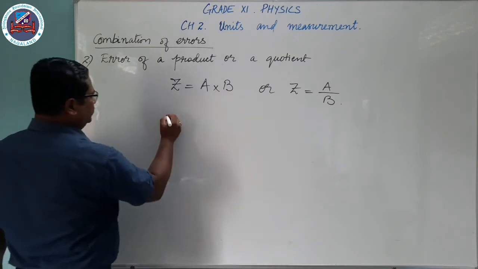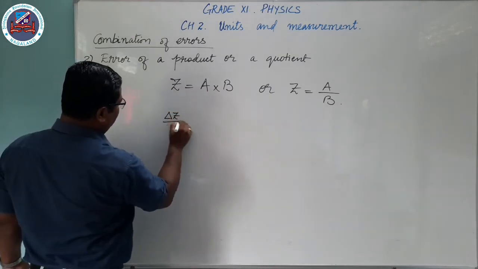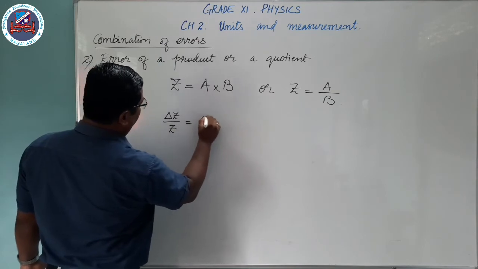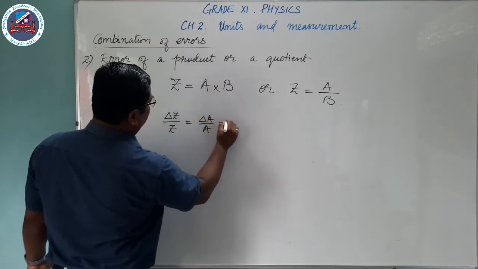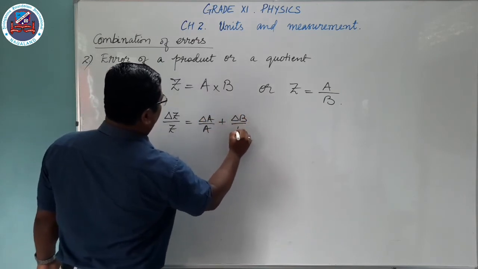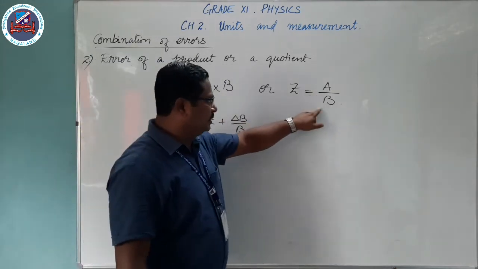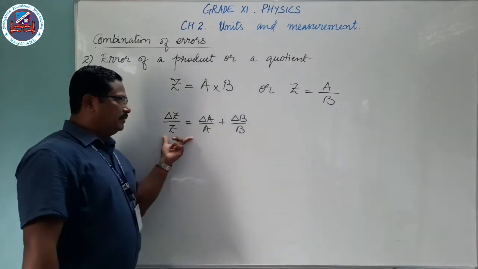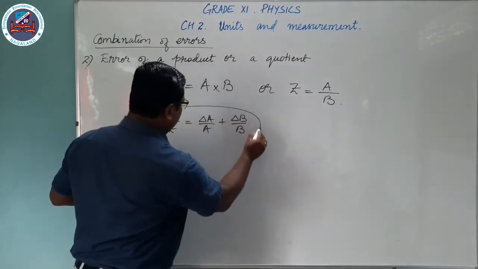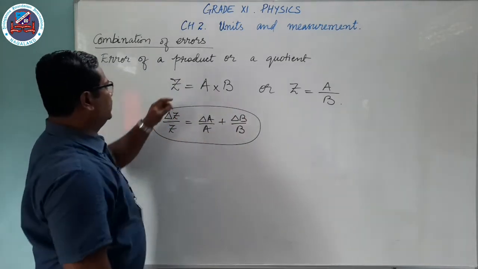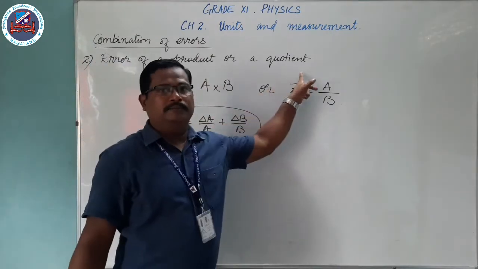To find the relative error, you do it like this: delta Z by Z is equal to delta A by A plus delta B by B. Be it multiplication or division, the relative error you do in the same way. It is applicable for both product as well as quotient.